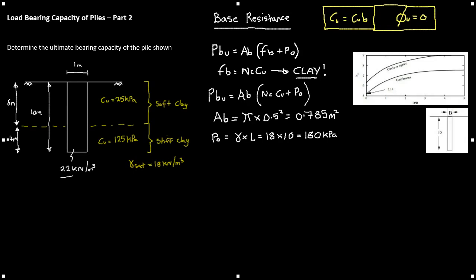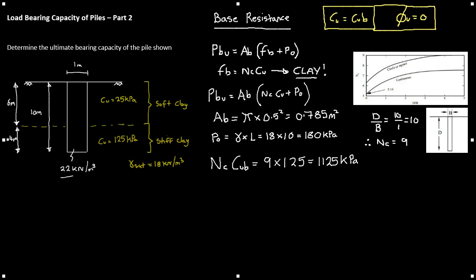Our NC value can be read off this chart here, and we can obtain a value of 9. So our NC times CUB equals 9 times 125.